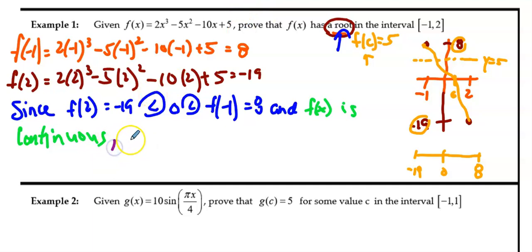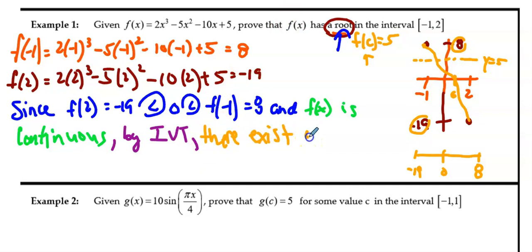All right. Then you always want to justify by what theorem you're using. So, f of x is continuous by IVT, and you can absolutely write IVT instead of intermediate value theorem. And then again, hopefully this will make sense to you. There exists a c. Now again, we don't know what that c is, but it's some value between -1 and 2.